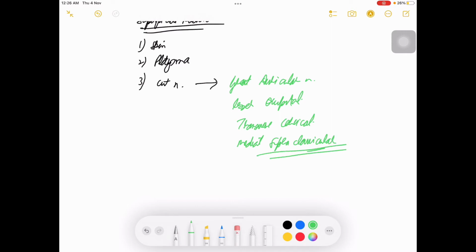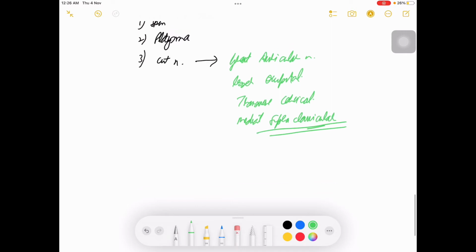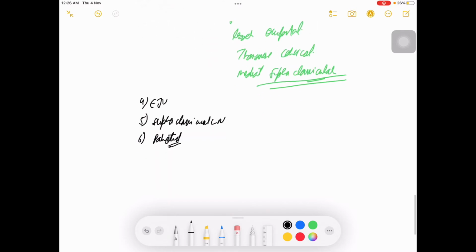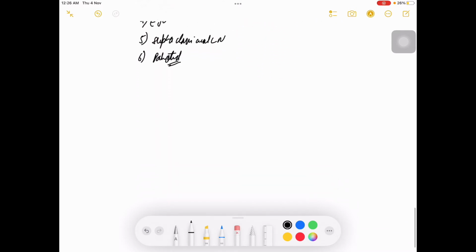Just remember supraclavicular, that's enough. Then 4th one, external jugular vein, certain lymph nodes, that is supraclavicular lymph nodes in some cases, and then a parotid gland in its upper part. Okay. So that is about the sternocleidomastoid muscle.